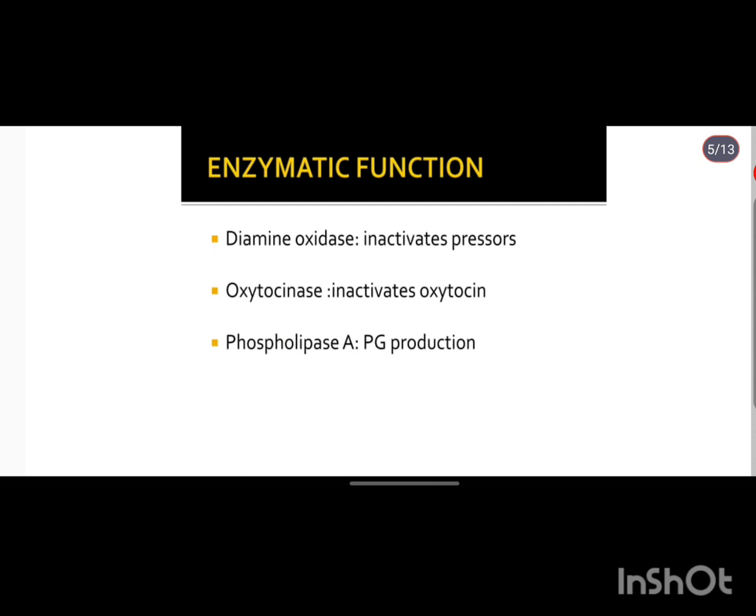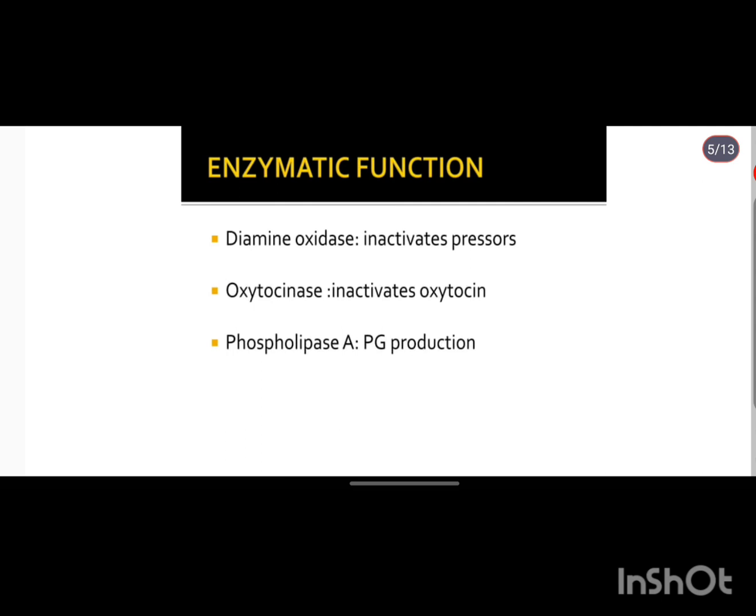With the help of oxidation it tries to reduce or inactivate the pressors passing through the placenta, and it also inactivates the oxytocin, which can cause premature delivery if it passes through the placenta, and certain phospholipase production is also controlled by the placenta.